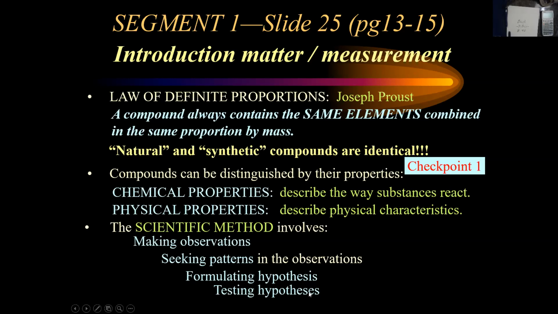And if you're correct, then your hypothesis gains in insight, and people begin to believe it a little bit more. And if it keeps being tested over and over and over again, and everybody then says, you know, this is just generally true, then we call that a law of science.